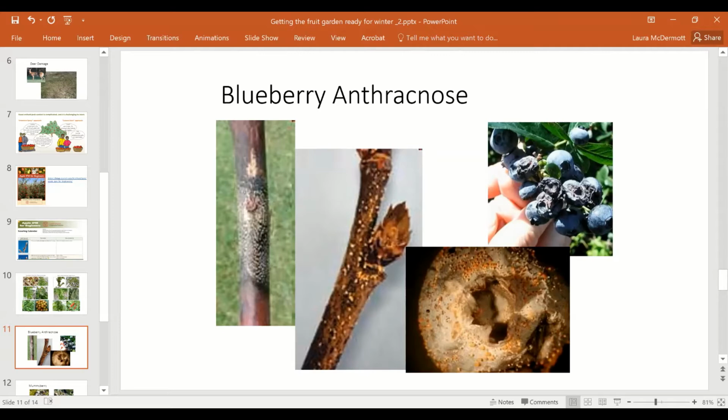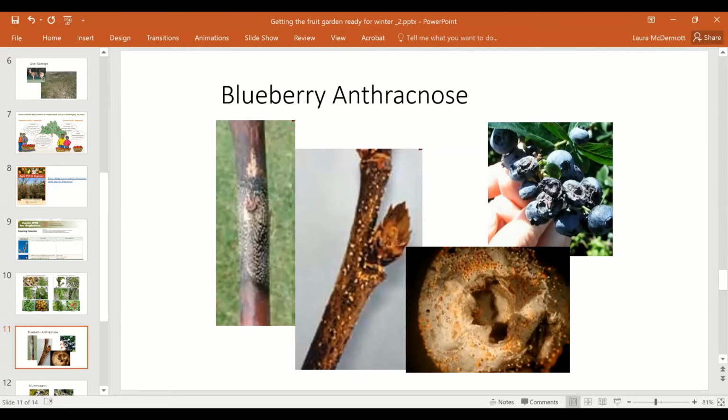That is what we call a fruit rot. In the winter, blueberry anthracnose can also show some of these stem lesions, which is how those spores are produced. There are little tiny pustules on the bark, and those spores shoot out, and then they reinfect the flowers in the spring, which results in this blueberry rot.